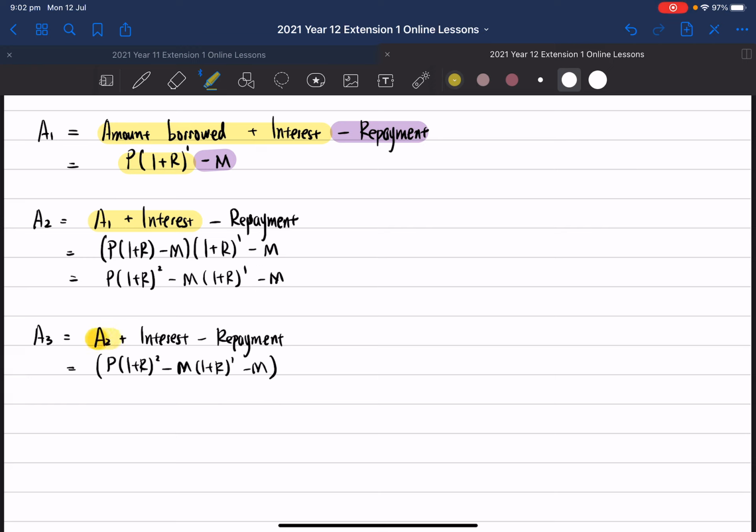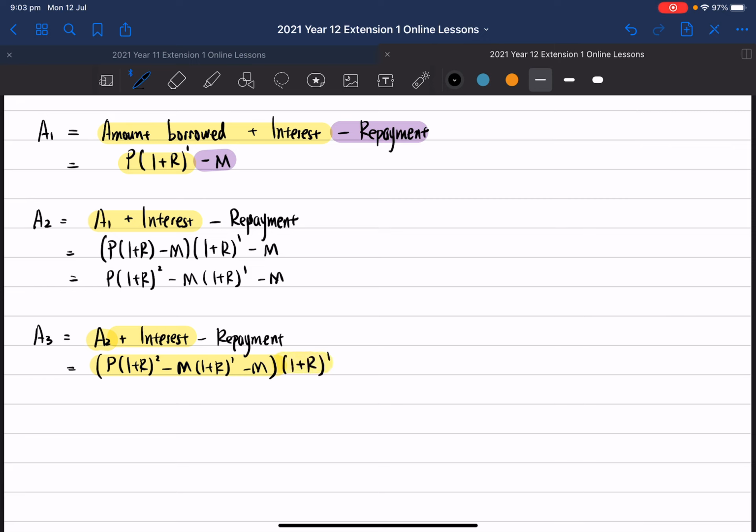So right now, this is representing A2. So if I want to plus the interest, all I need to do is attach 1 plus R to the power of 1 again. This is just simply because of the compound interest.